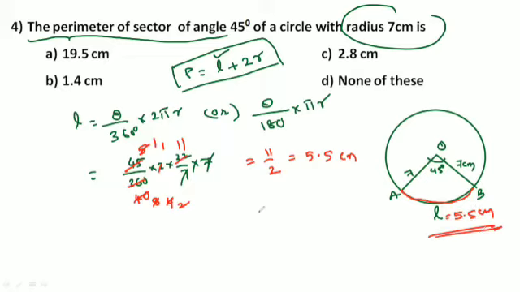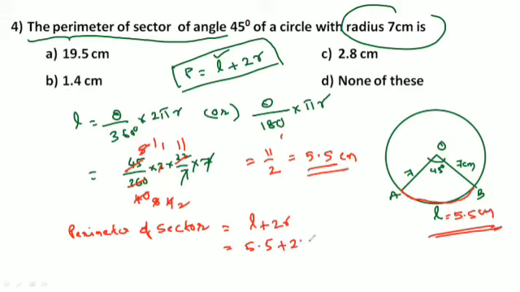Got it? Now we got the length of the arc, children. We can find the perimeter of the sector. The perimeter of the sector, the formula is L plus 2R. Now L we already got, children, 5.5 centimeters plus 2 into radius.